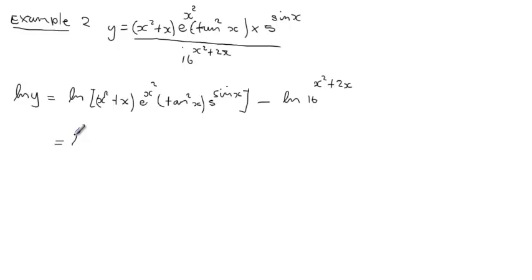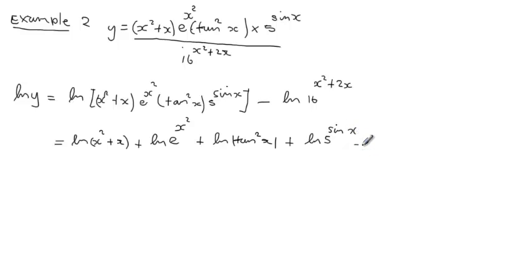So I'm going to get here ln of x squared plus x, plus ln of e to the x squared, plus ln of tan squared, plus ln of 5 to the sine x, minus, brackets.